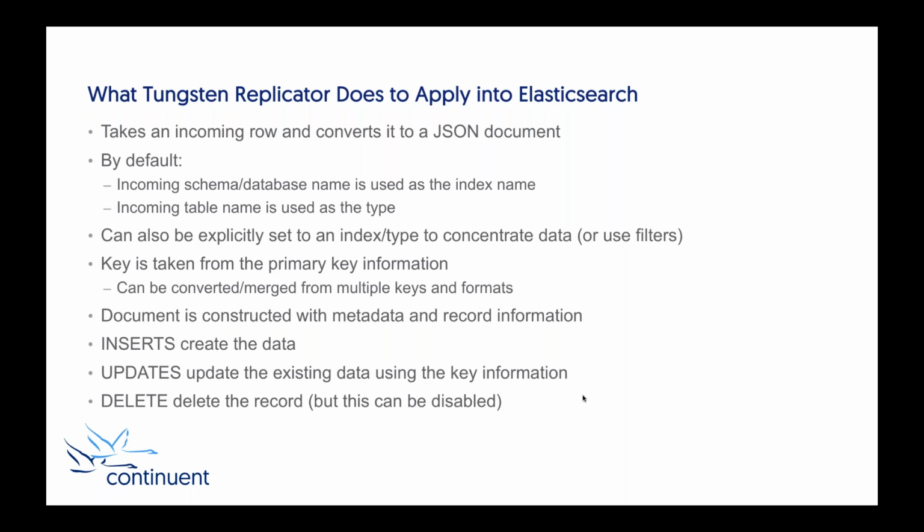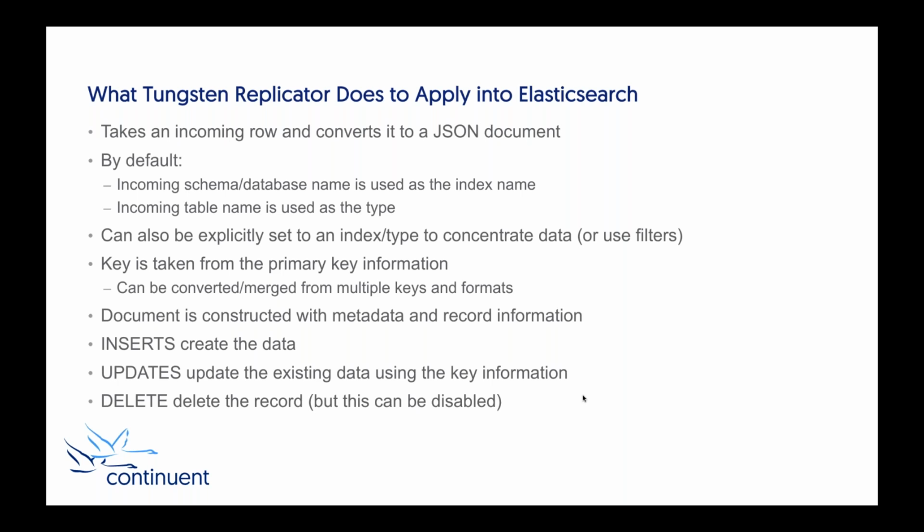Now you can change the information. I've already mentioned that. In terms of the primary key information, when the information is written into Elastic, it's a REST API, and so it goes through standard REST semantics. So you write data in, and it's a host name, index name, type, and then a primary key, an ID to identify that individual record when you get it over into the other side.